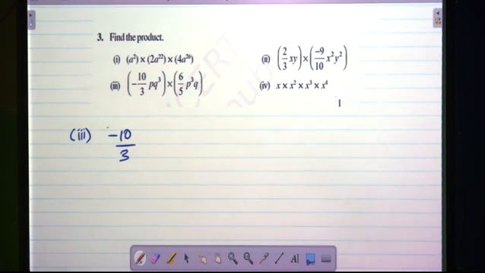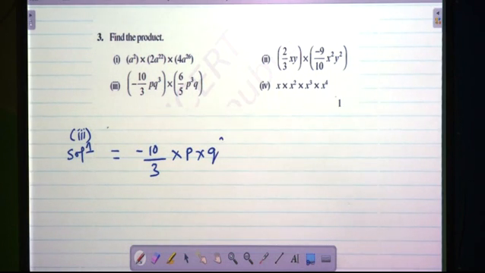I will just solve it directly because of lack of time. So I will write the solution directly here, equals minus 10 upon 3 into p into q cube into 6 upon 5 into p cube into q.